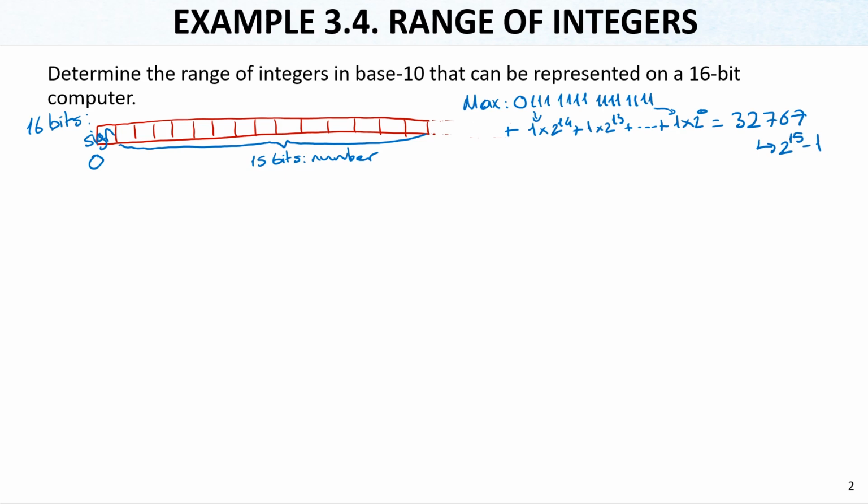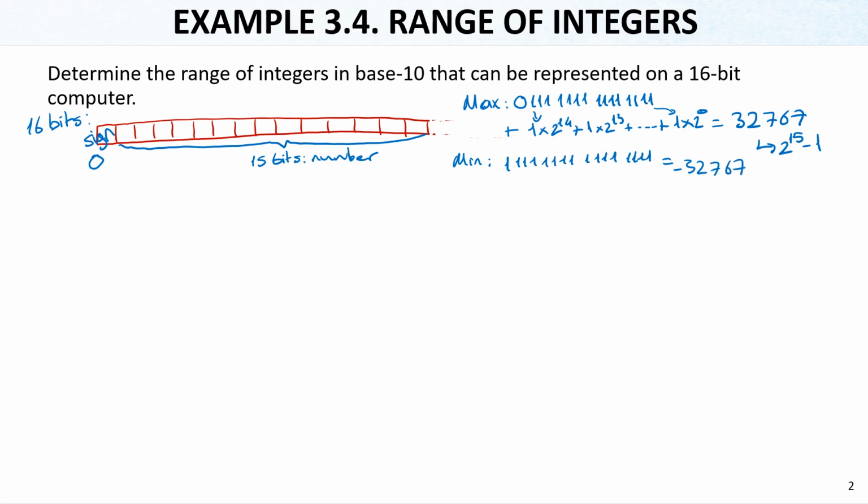So for 16-bit computers, if the beginning is 0, we have this value. If the beginning is 1, the number will be negative. The minimum is a 1 followed by fifteen 1s, and it gives us minus 32767.